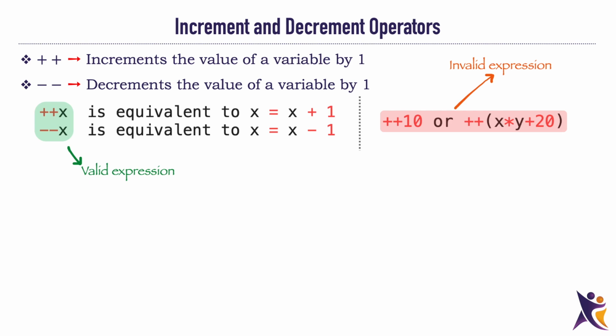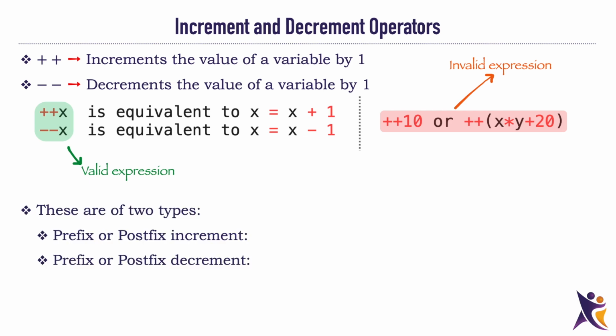So an increment operator can be of two types: prefix increment operator and postfix increment operator. In prefix increment, plus plus will appear before the variable, whereas in postfix increment, plus plus will appear after the variable, like this. The plus plus x corresponds to prefix increment, whereas x plus plus is postfix increment.